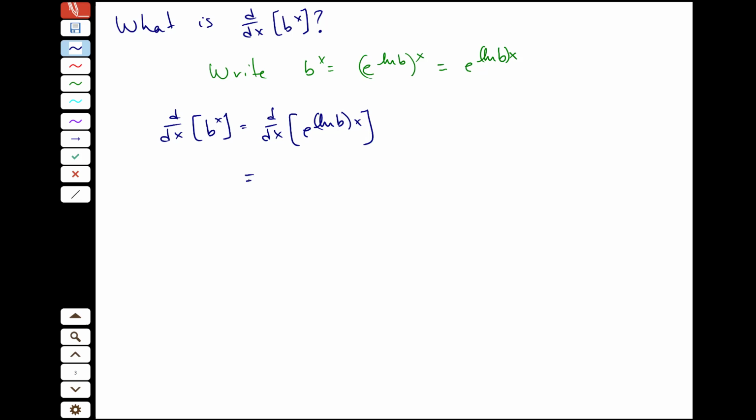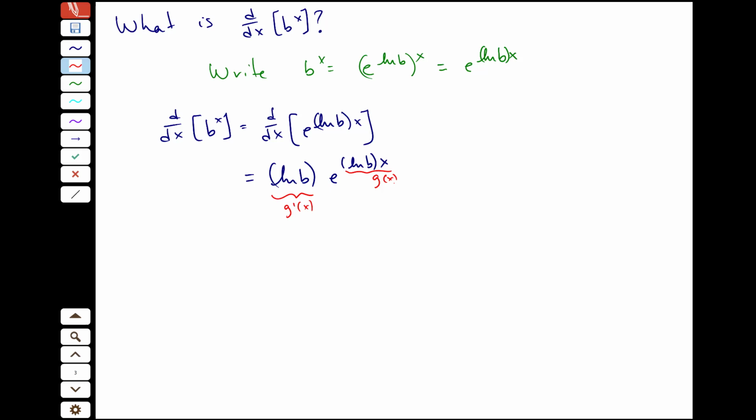So we have this constant that is the natural log of b that comes out front, and then the exponential function is its own derivative. So again, we're using the chain rule. This is our g prime of x. That's the derivative for this g of x that's up in the exponent.